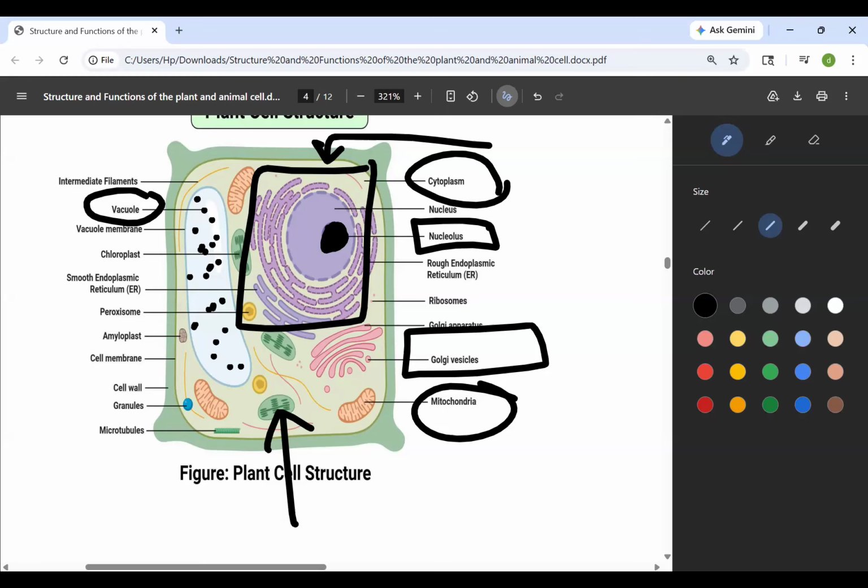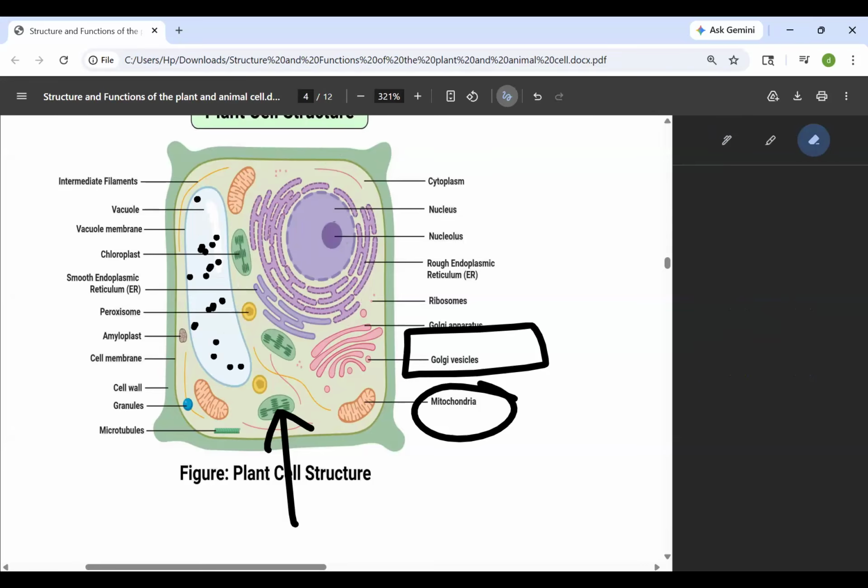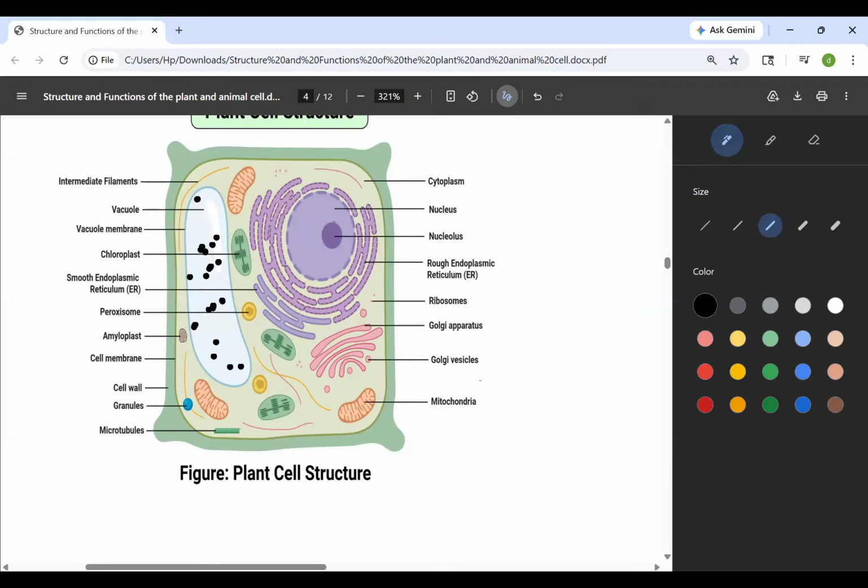And there are tiny dot-like structures in your textbook. I removed these things so you can see them clearly. Here also you can see the dot-like structures. They are called ribosomes.